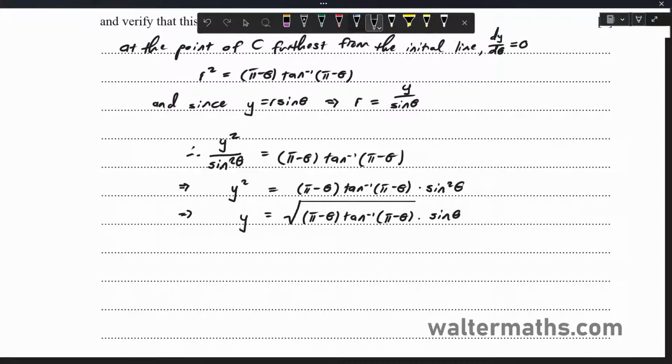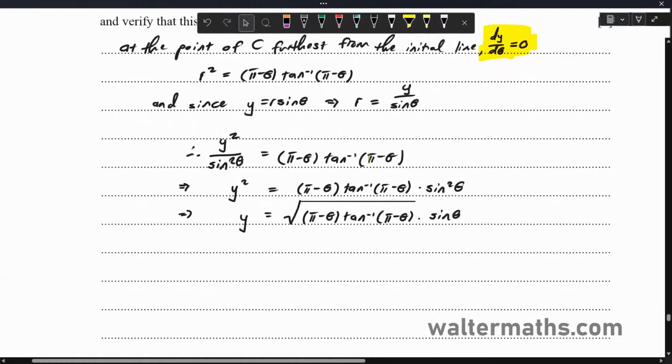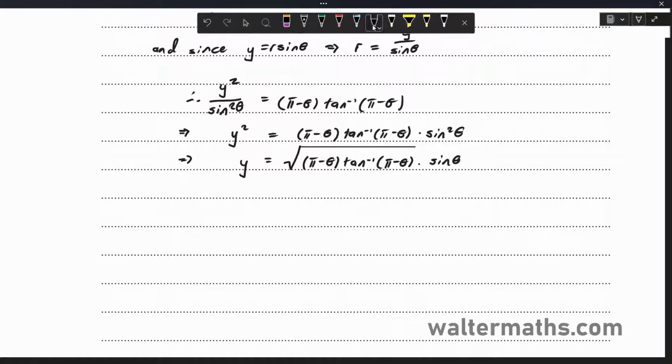So this is what we have right here. Now, we'd want to find dy by d theta. Remember we said at the point of C, furthest from the initial line, dy by d theta is equal to 0. So we want to find dy by d theta here.